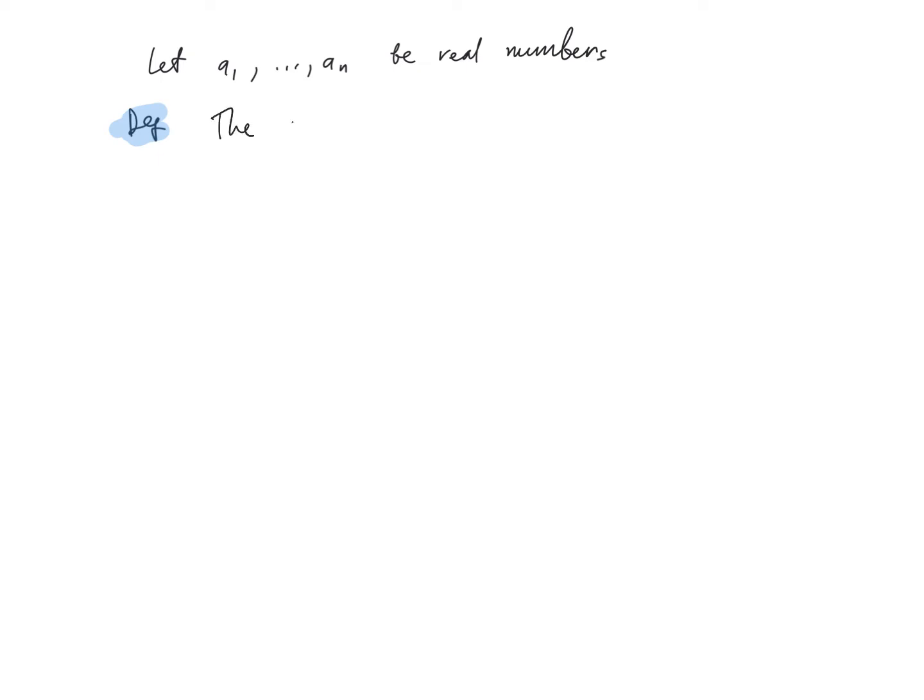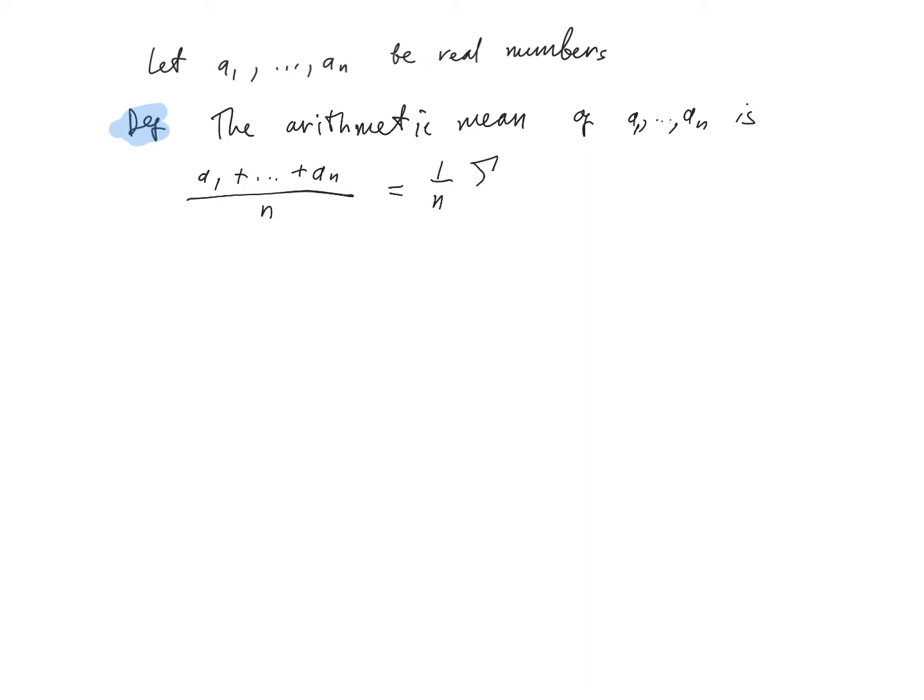So the arithmetic mean of the sequence a1 through an is going to be the expression a1 plus a2 plus etc. plus an divided by the total number of the reals in this list, which is n. Equivalently, we can write it using the summation notation. So this is 1 over n times the sum over k from 1 to n of the numbers ak.